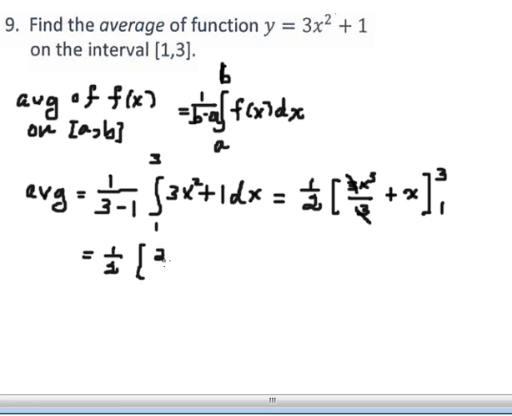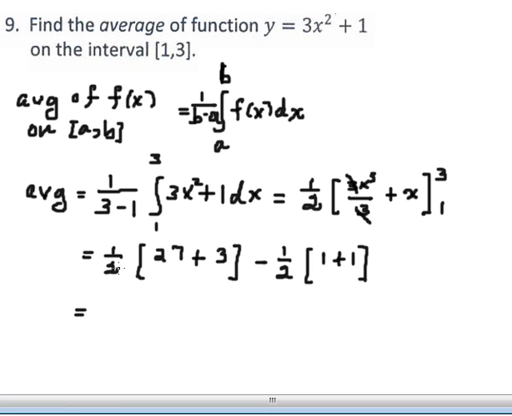3 cubed is 27 plus 3, minus 1/2. Now we're substituting in 1, and we have 1 plus 1. Okay, so this is 30.